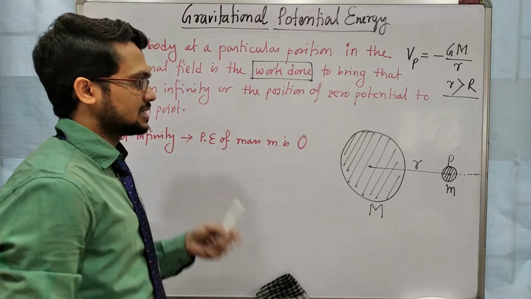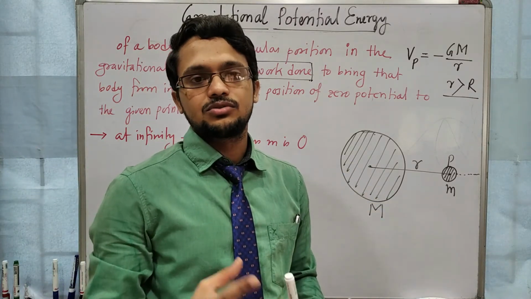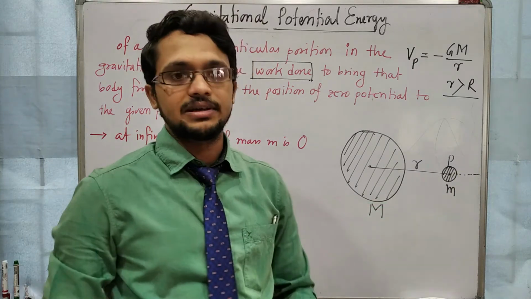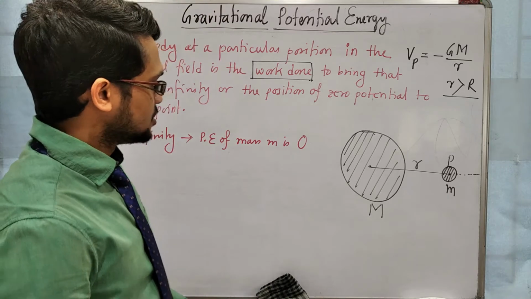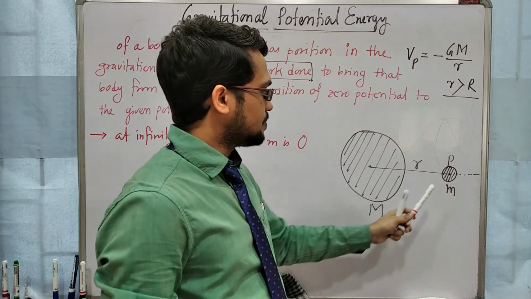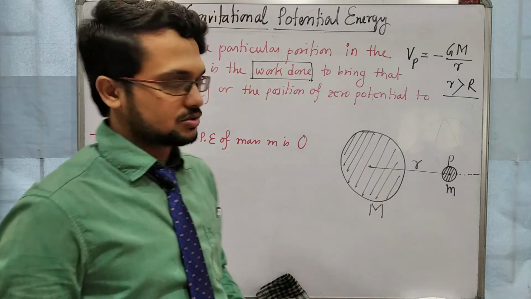When the body is coming due to that force, the force will do some work to bring that object to the required point. So here we will find that amount of work done by that gravitational force.